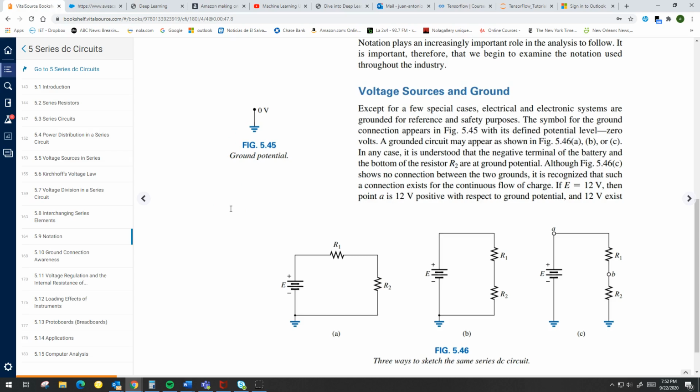Now, that's just a convenience of defining ground, but ground doesn't always have to be 0 volts. We always define it as 0 volts, but it could be some other number. Okay, it doesn't have to be 0 all the time, but in general, we decide that it is 0 volts.